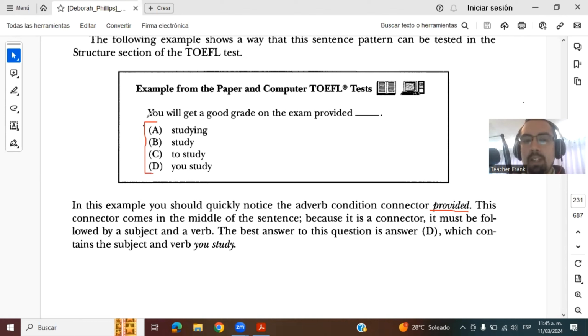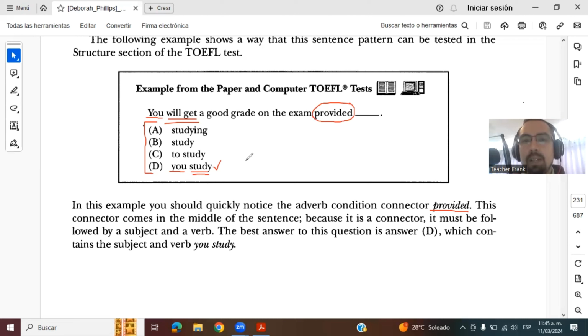But if we see the grammar, we will see that you is the subject, will get is the verb, and then we have provided, which is a connector. So what do we need after the connector? We need a subject, a second subject, and a second verb, right? That's why in this case, D, or you study, is the correct one. Provided you study is like siempre y cuando, something like that, right?